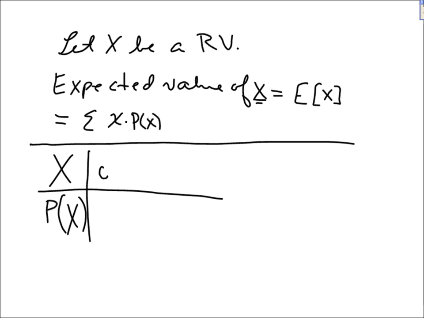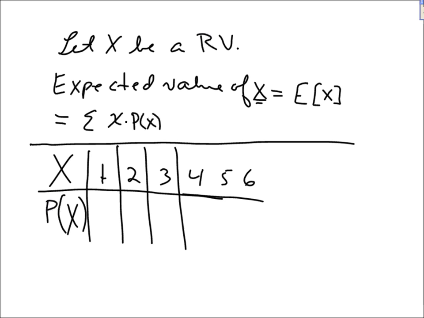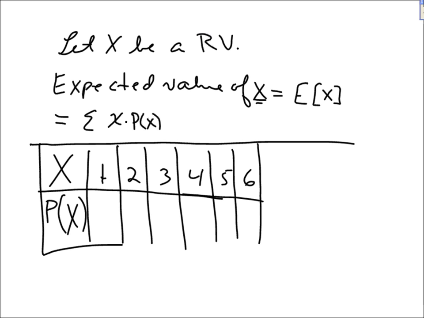The answers are, not 0, sorry, but rather 1, 2, 3, 4, 5, or 6. And the corresponding probabilities, well, each value has the same probability of coming up, 1/6.